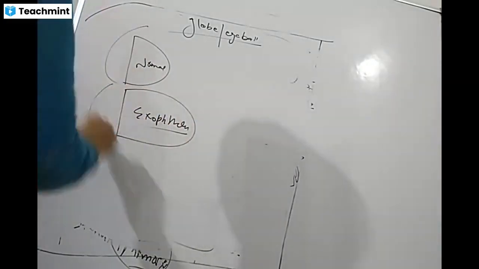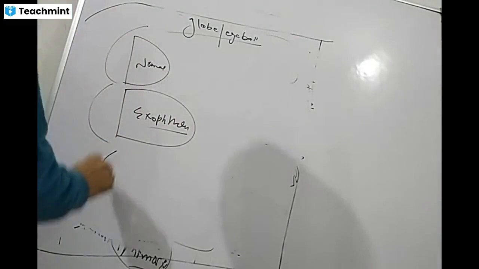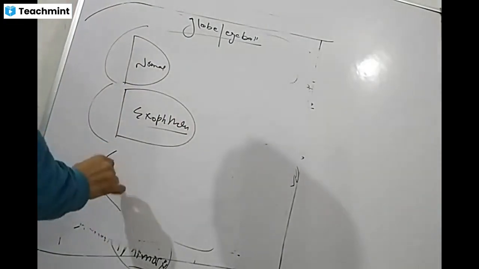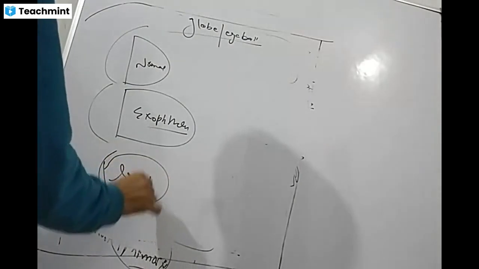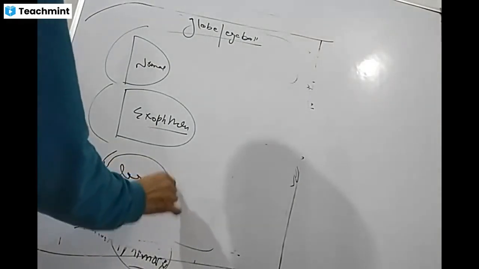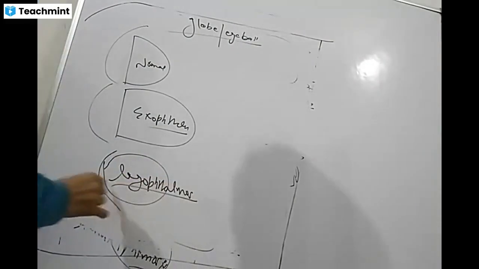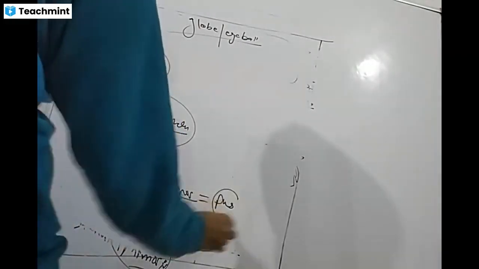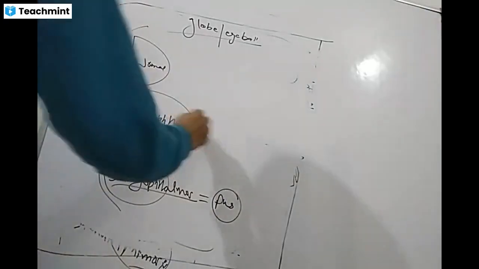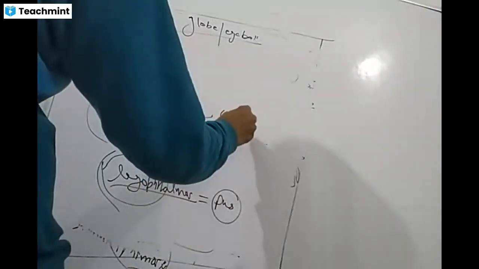This is the orbit. If the orbit is shallow and the globe is big, that is lagophthalmos. That is your exophthalmos, your glaucoma.